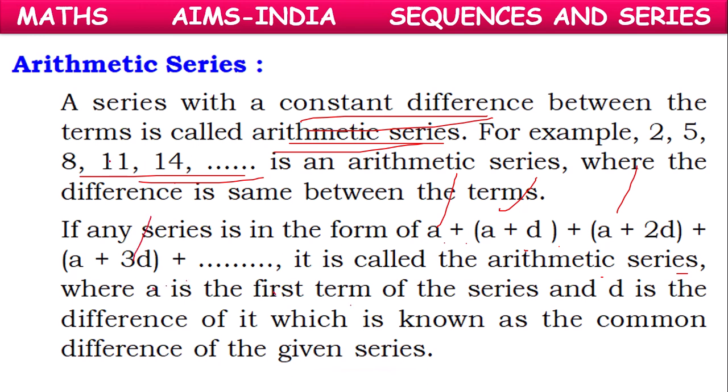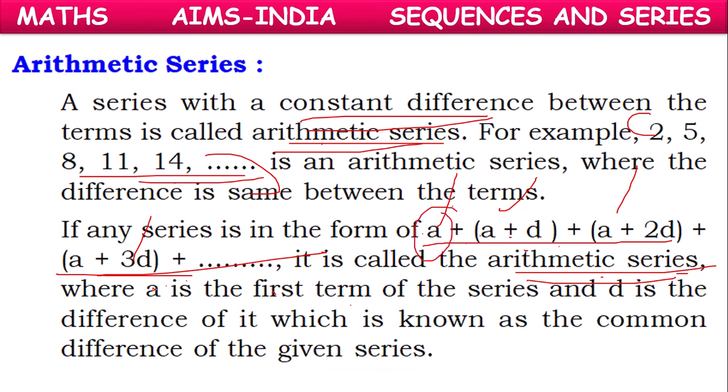Not only this sequence, any sequence in this form will be an example of arithmetic series, where A is considered the first term and D is considered the common difference. And all the terms can be obtained by adding the common difference to the previous term.